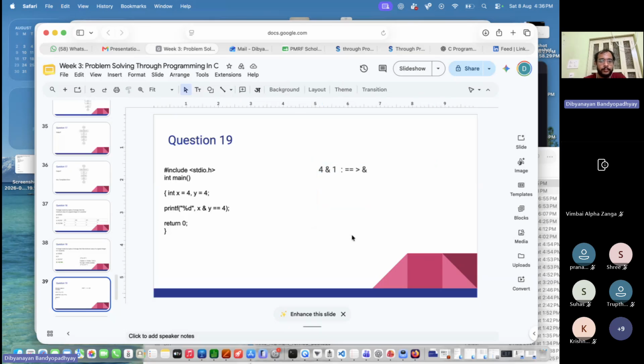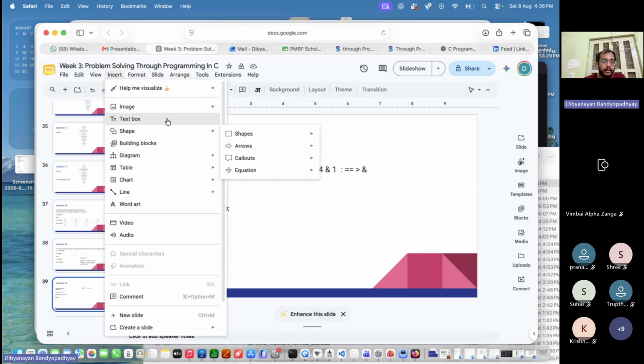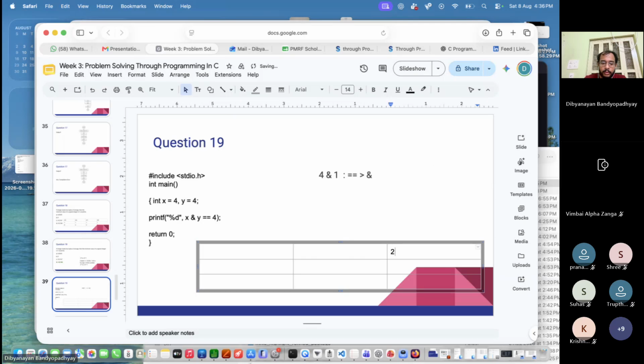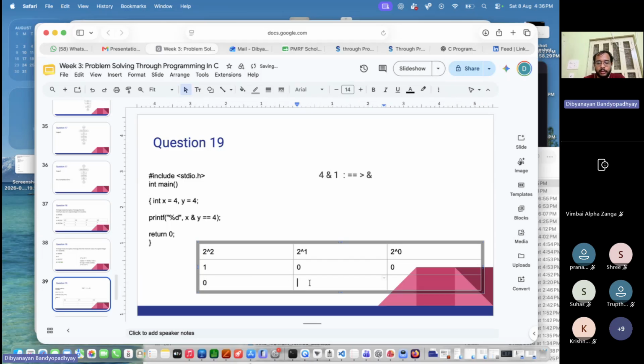I think I only need 3 bits, right? So let's create the table using 3 bits. This is 2 to the power 0, 2 to the power 1, and 2 to the power 2. Okay. So what is 4? It is basically 1, 0, 0. And what is 1? It is 0, 0, 1. So if you do the bitwise AND operation, what is 0 and 1?